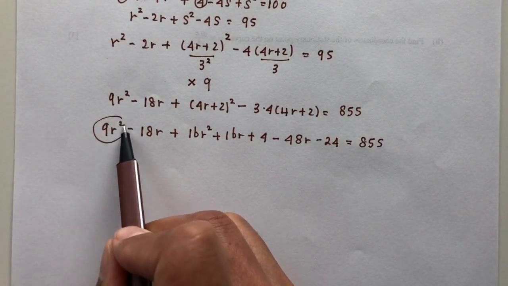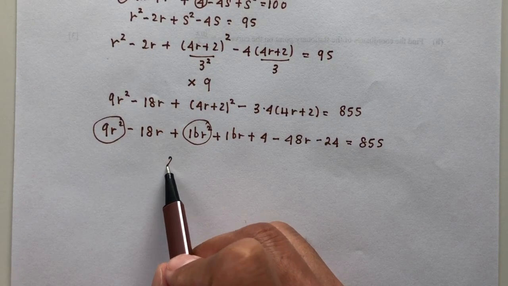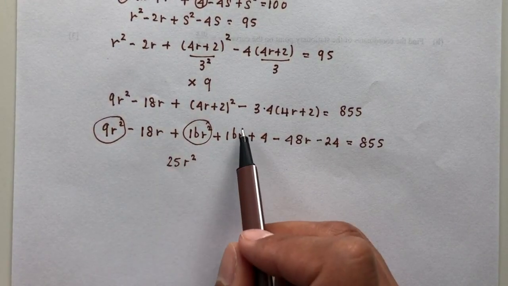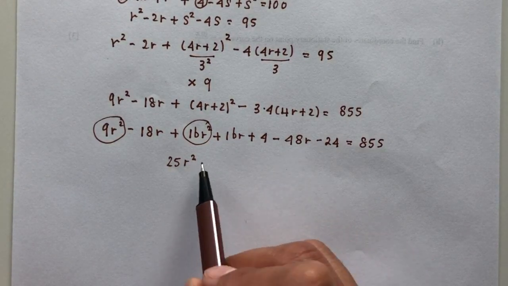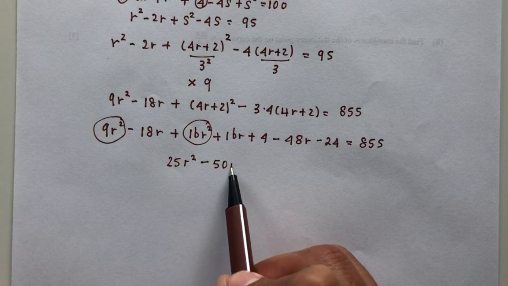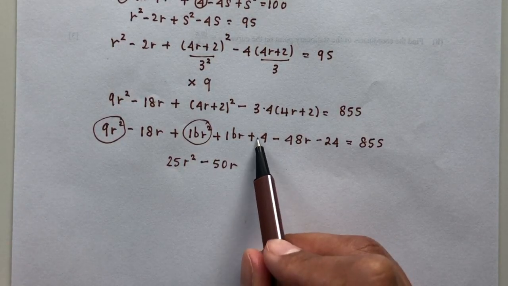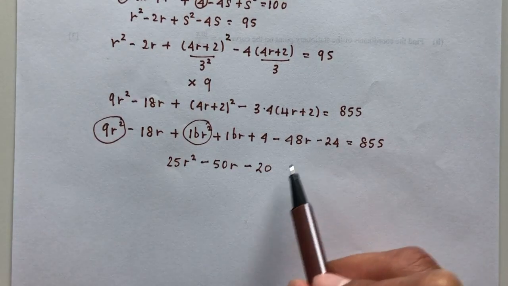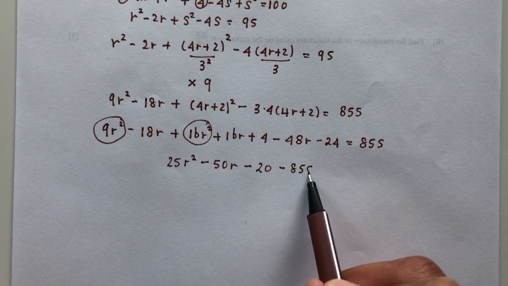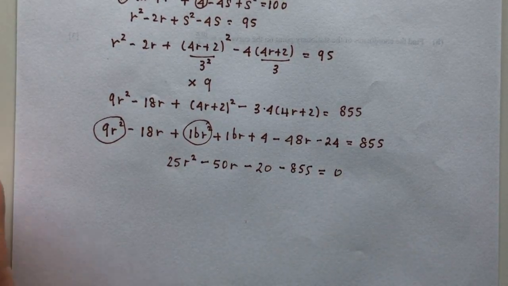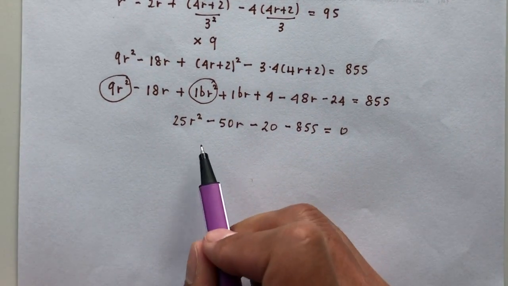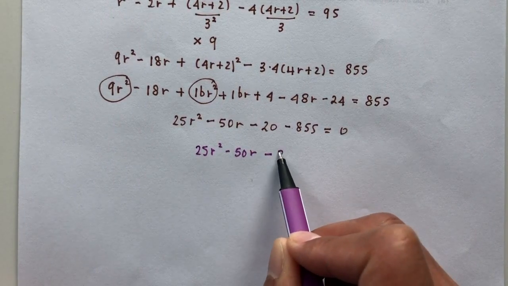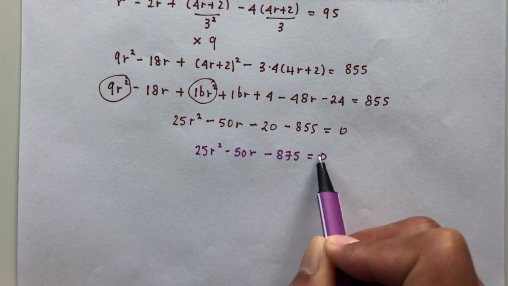So this plus this will become 25r squared, and we have minus 18 plus 16 minus 48, that will be minus 50r, and then we have plus 4 minus 24, that will be minus 20. We send this one over here, you will have minus 855 equal to 0. Now you have to again simplify. You will have 25r squared minus 50r minus 875 equal to 0.